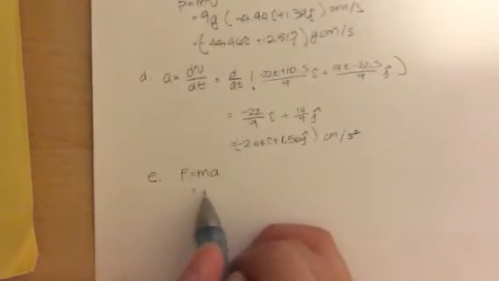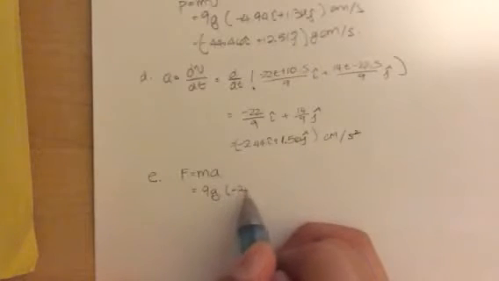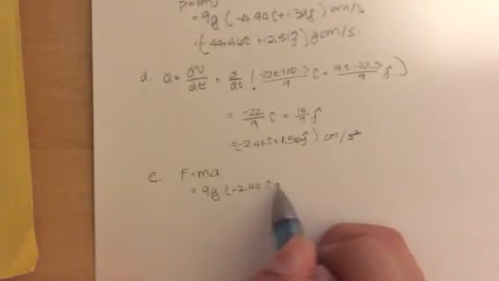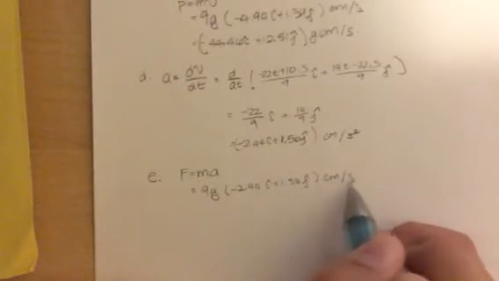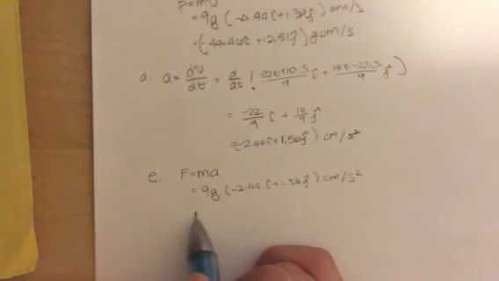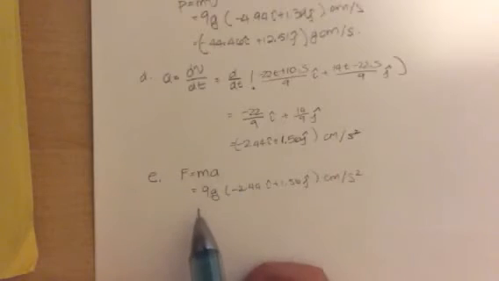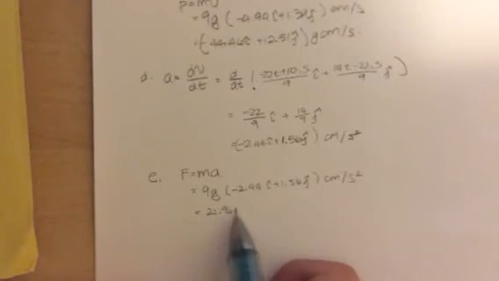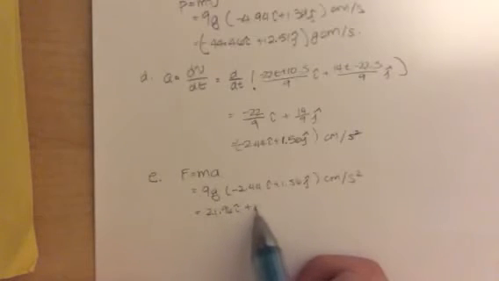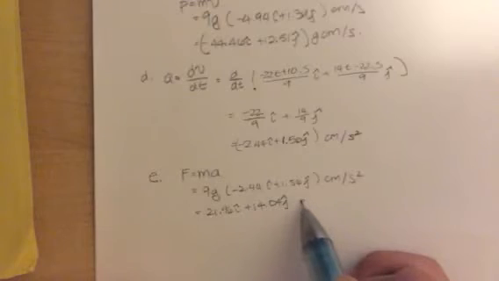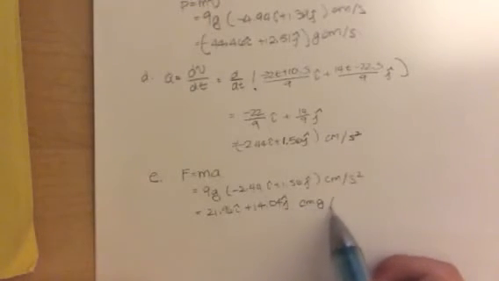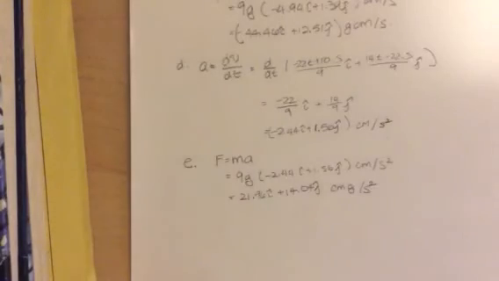So we multiply the two, and that should give you approximately 21.96i plus 14.04j in gram centimeters per second squared.